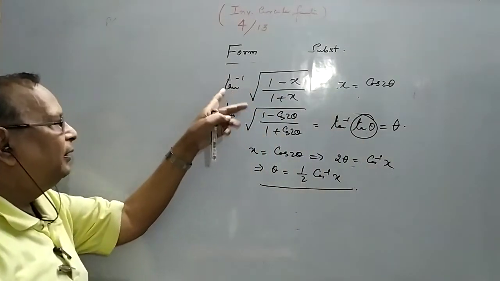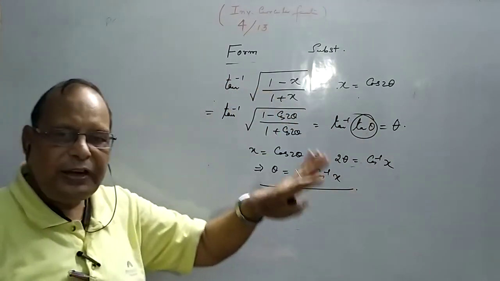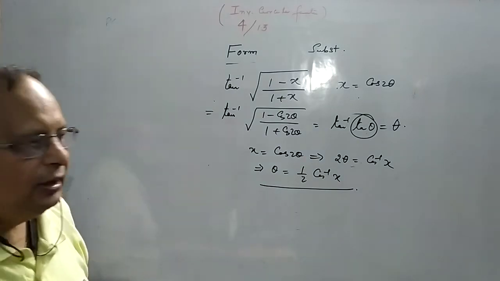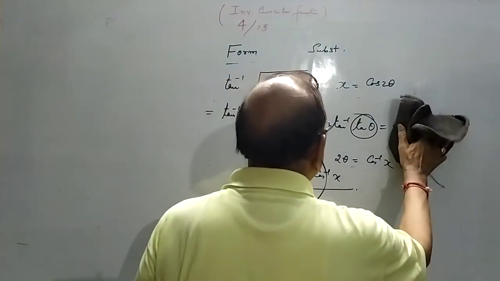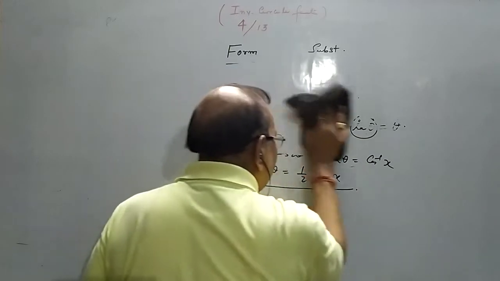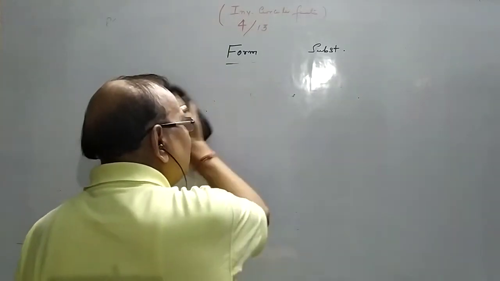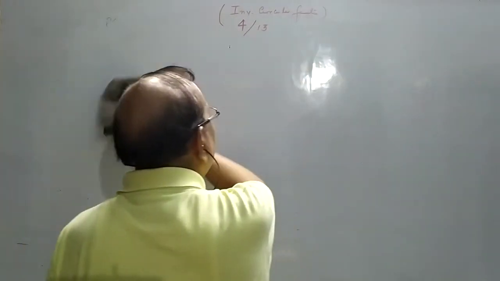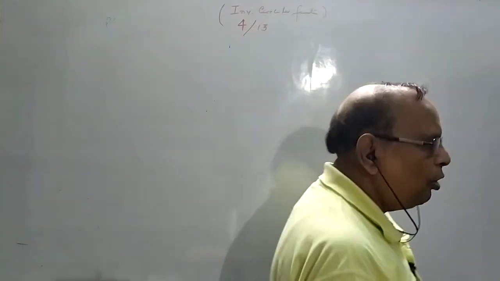We try to get the inverse of that trigonometrical ratio. Suppose the inverse is given in cot inverse form. Cot inverse, that means the expression must be cot inverse cot. Sometimes it is not necessary.